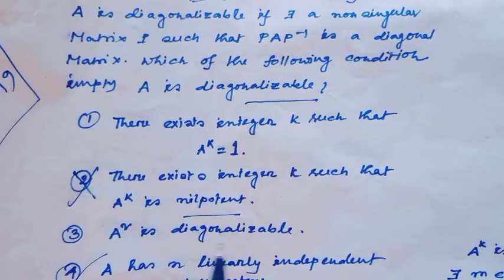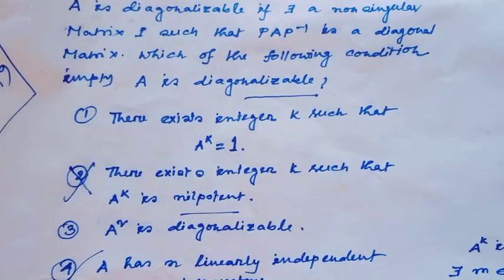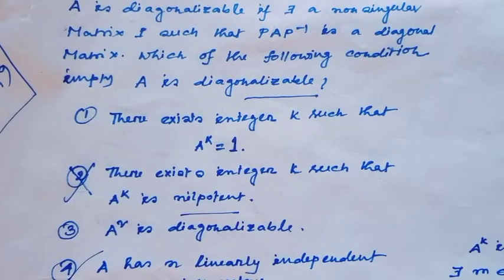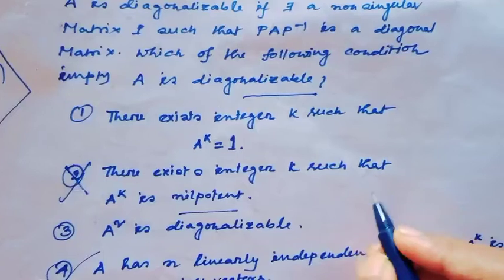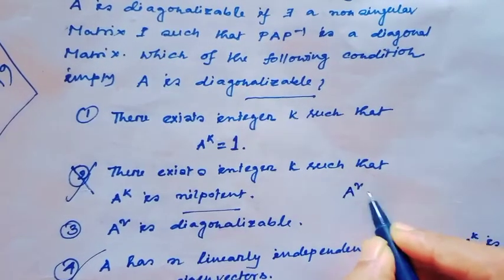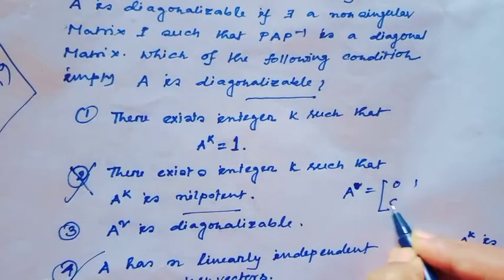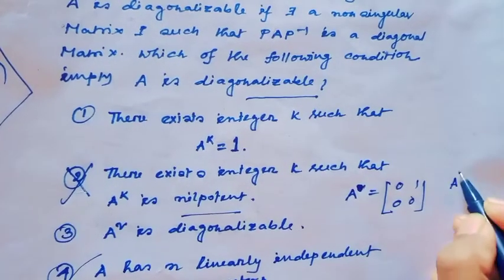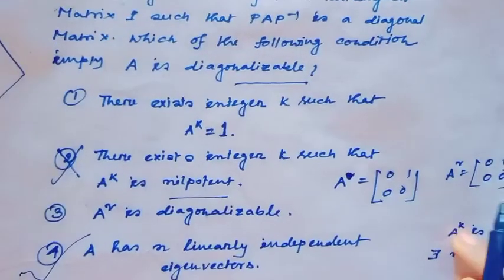Option 3 says A squared is diagonalizable. Then we have to prove that if A squared is diagonalizable, then A is always diagonalizable. For this, consider A equal to [0 1; 0 0]. Then obviously A squared would be the zero matrix, and the null matrix is always diagonalizable.